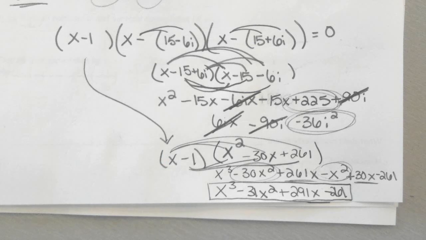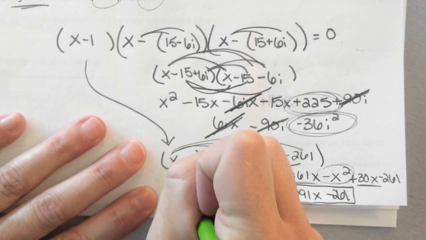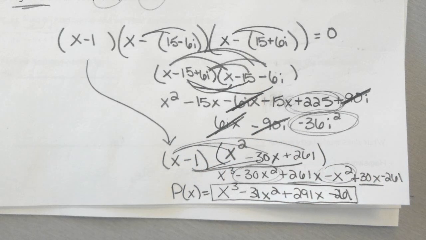Okay. And it wanted that to be p of x, so we can say p of x equals this whole function. How'd we do, okay?